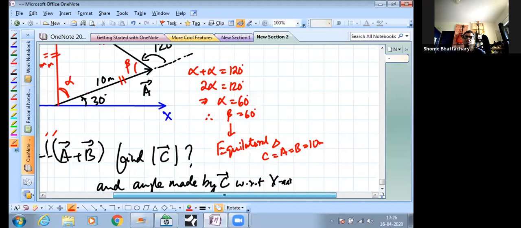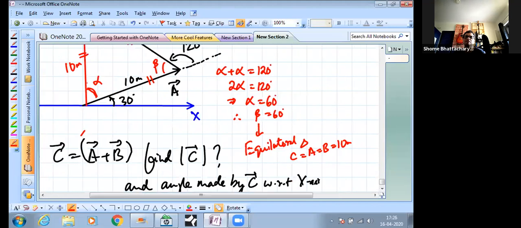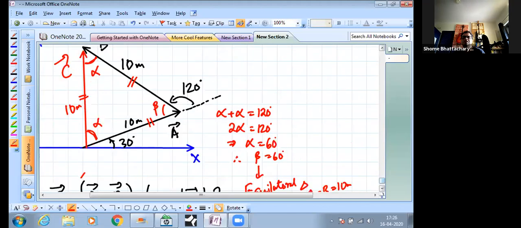In the diagram, you can see this angle that the vector C is making with the x-axis is actually alpha plus 30. And we just found out that alpha is equal to 60 degrees. So the angle is how much? 90 degrees. So the answer to the second part of this question 7 is 90 degrees. Okay, people, I hope this question is entirely clear now.